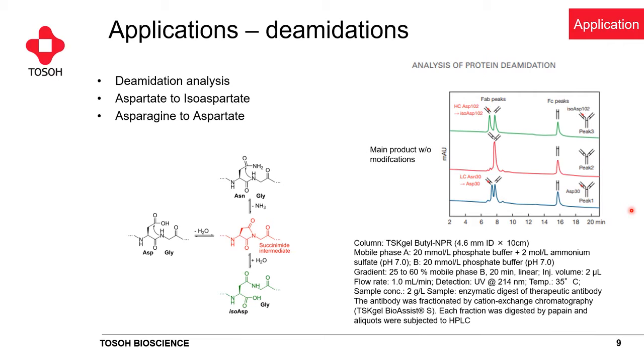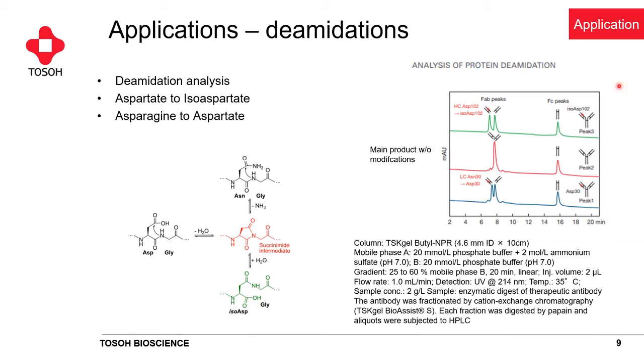So we got samples that contain the modification on the heavy chain of the antibody, a fraction that does not contain any modification on aspartates, and a sample where an aspartate on our light chain was modified.